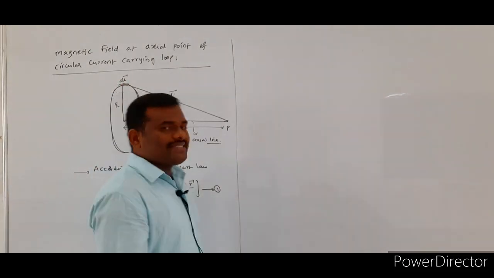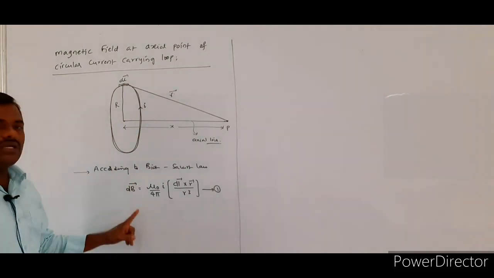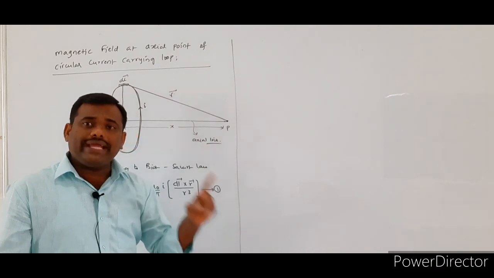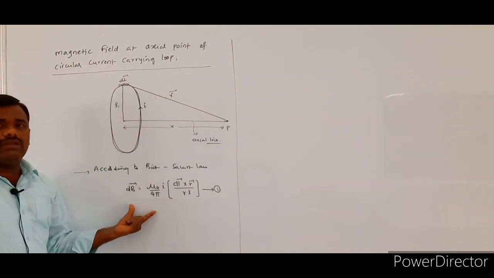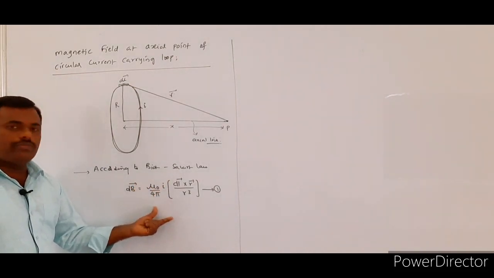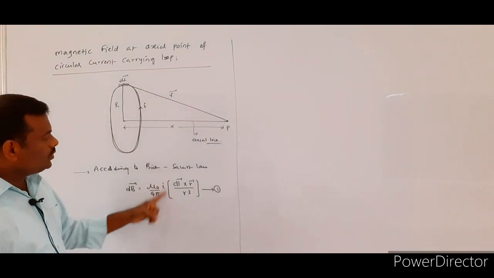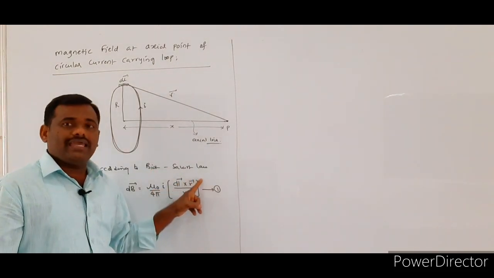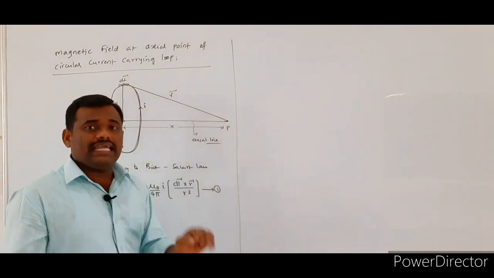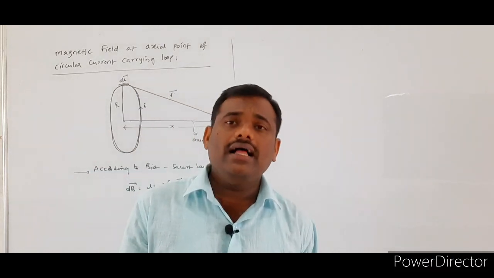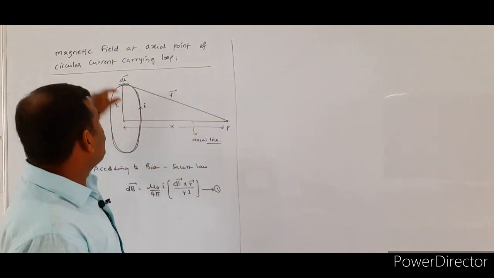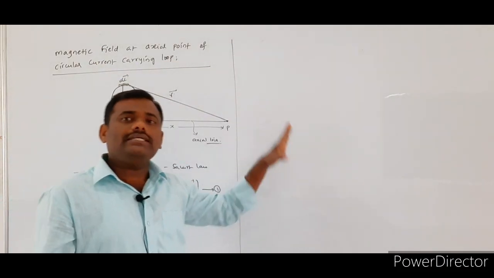So, according to the Biot-Savart law, the magnetic field intensity at the point P, in the vector notation, will be given by dB bar is equal to mu naught by 4 pi, I into dl bar cross r bar by r cube, which is indicating the magnetic field intensity which is produced by the small element at the point P.